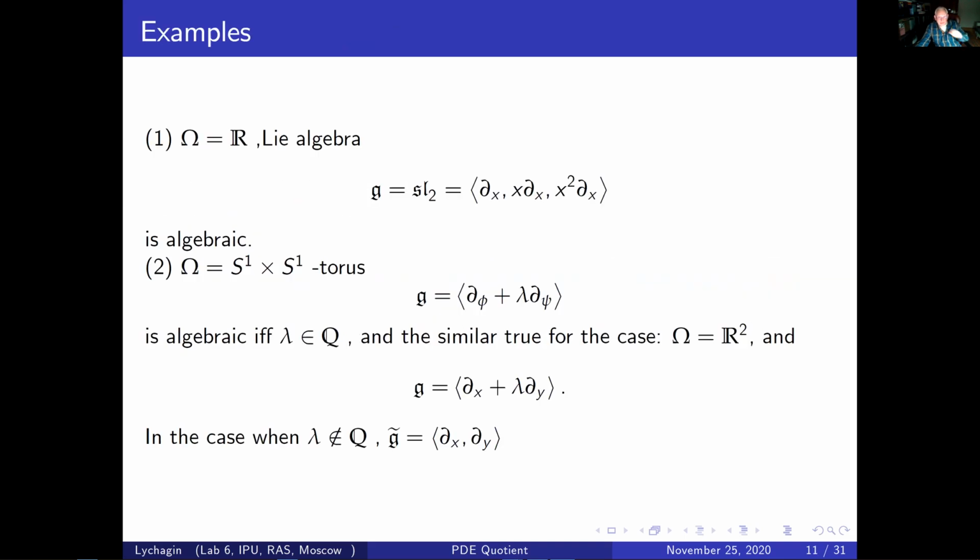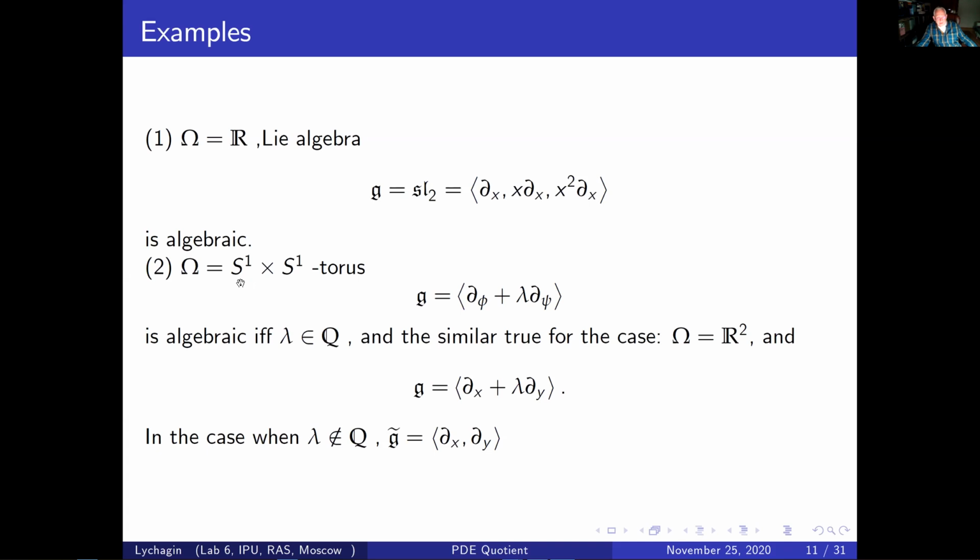Just a few trivial examples. Example number one is the favorite sl2 algebra on the line: d/dx, x d/dx, x^2 d/dx. It's obviously an algebraic action because it corresponds to the projective action of SL2 on the projective line. The second example, which I mentioned a few times, is the torus.